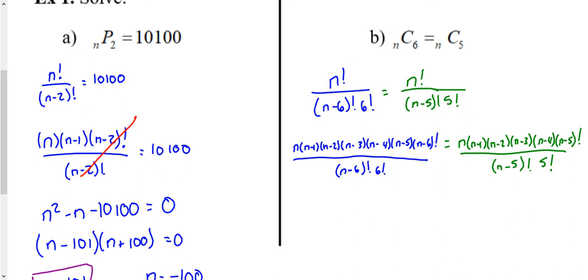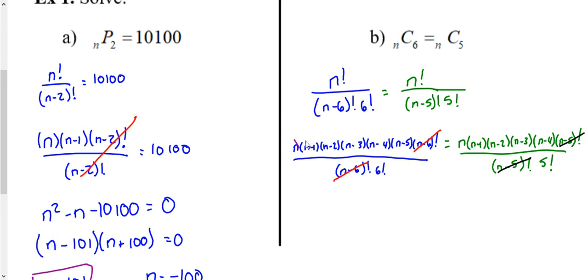So let's cancel out whatever we can. On the left here in blue, n minus 6 factorials are cancelled out. Over here in green, we have the n minus 5s and n minus 5 factorials cancelled out. From here, I can clean up both sides. By cleaning up I mean because it's the same on both sides, I'm going to cancel out everything that's the same.